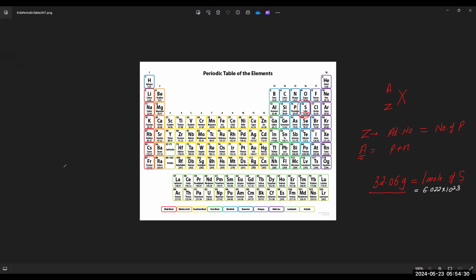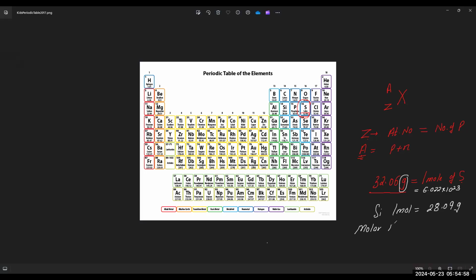So can you give me the atomic mass in grams? You have to take it in grams. So what is the atomic mass of silicon? Mass of 1 mole of silicon is 28.09 gram. Who is going to give me the unit of molar mass?